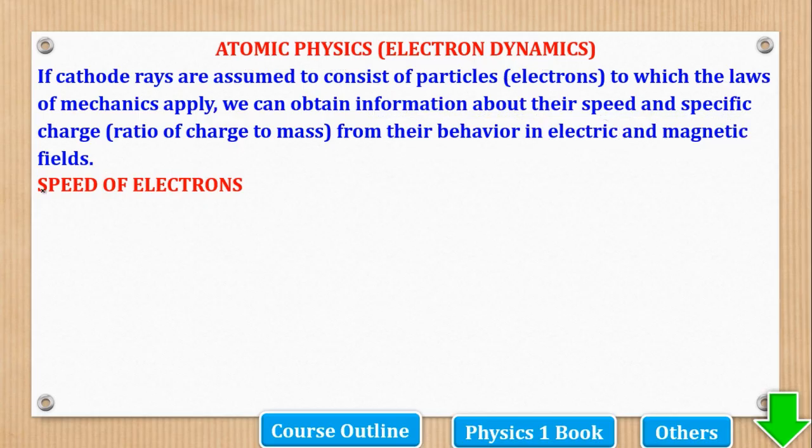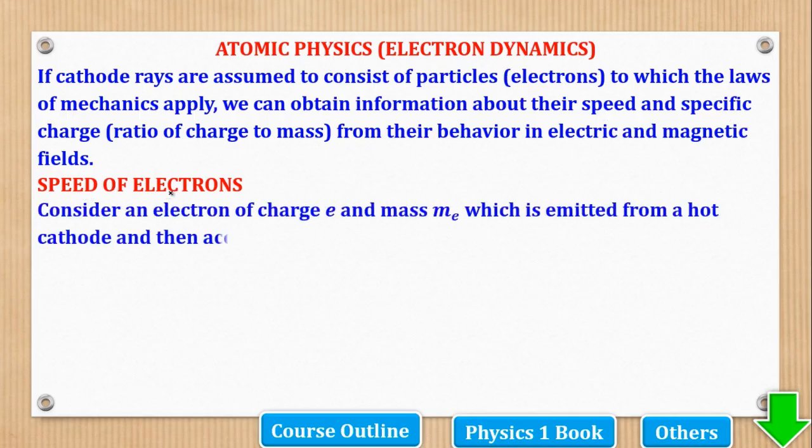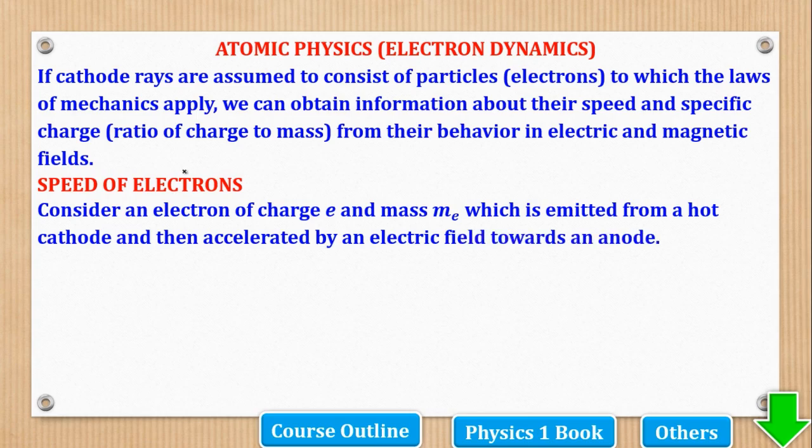So we shall start with the speed of electrons. We shall consider an electron of charge e, that is the electronic charge, and mass me, that is the mass of the electron, which is emitted from a hot cathode.